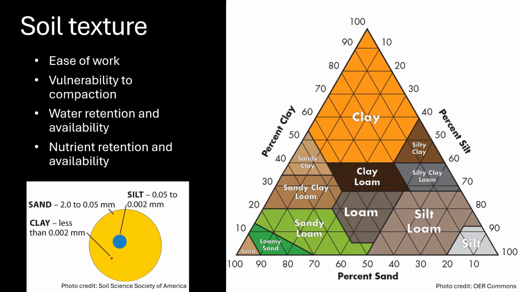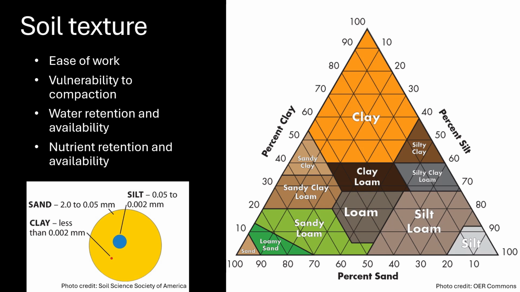Clay is better at holding on to water and nutrients because of its cation exchange capacity, which I won't have time to quite get into today. But ability to retain water and nutrients is not necessarily ability to provide those things to your plants, because they have to also be able to access that in the soil.